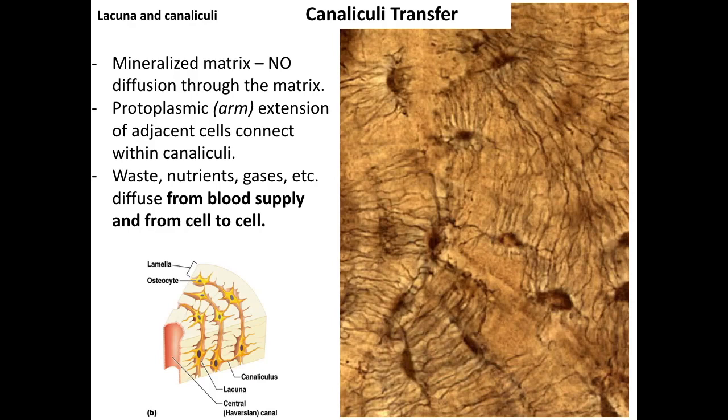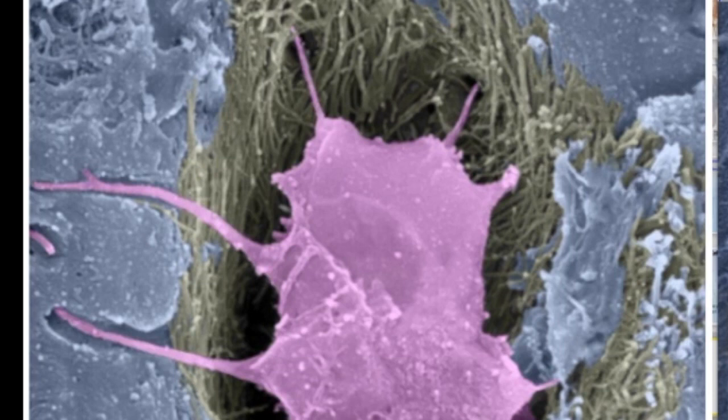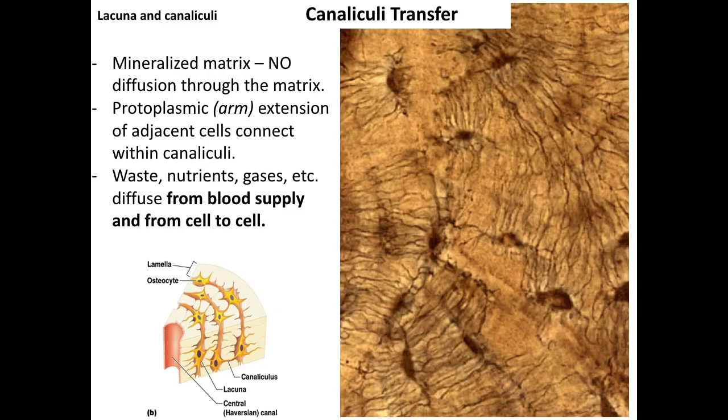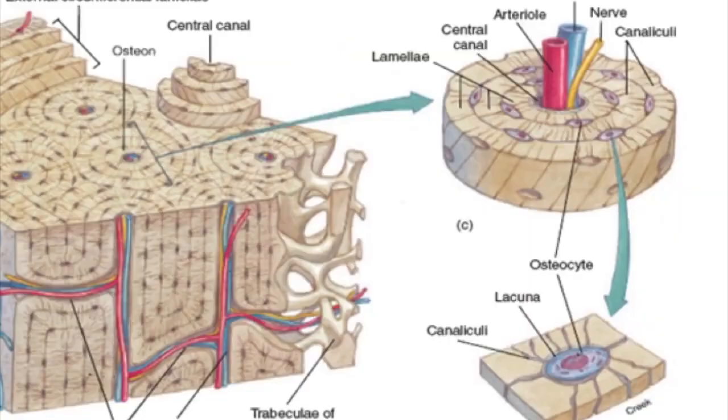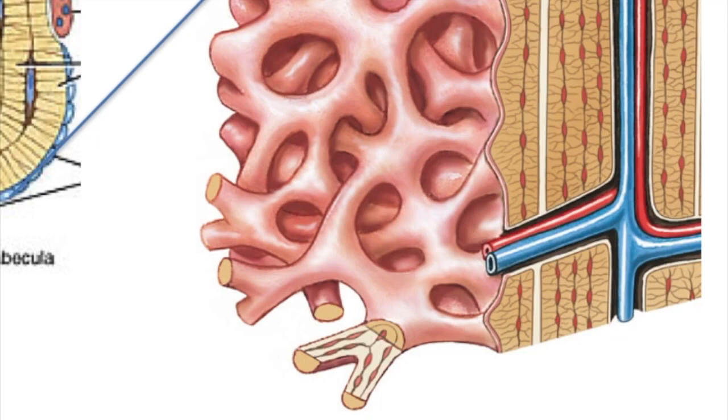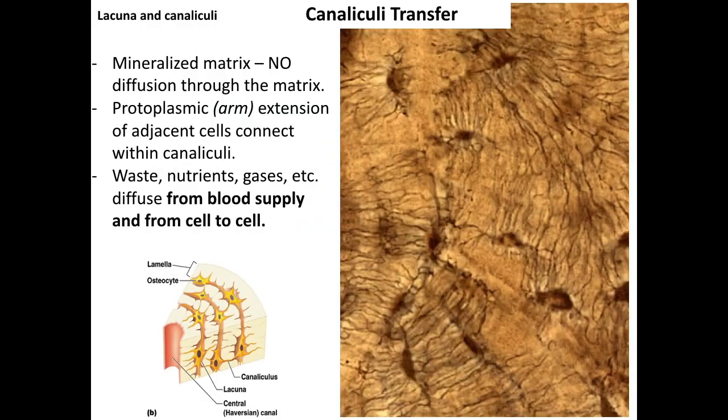To get the oxygen and nutrients that they need, they have extensions of their cell membrane traveling through canaliculi. The canaliculi connect the cells together, but also to a blood supply. That would be either the central canal or the spaces within the spongy bone. So a connection to the blood supply is going to make one of the major differences between bone and cartilage, as we'll see later: the ability of bone to remodel itself and repair itself.